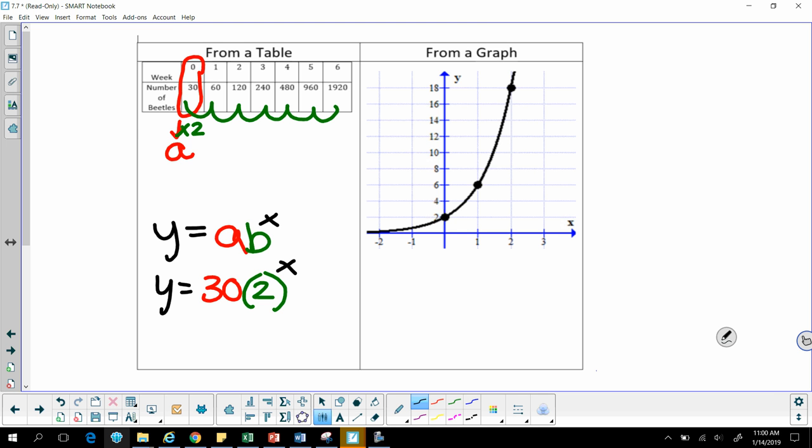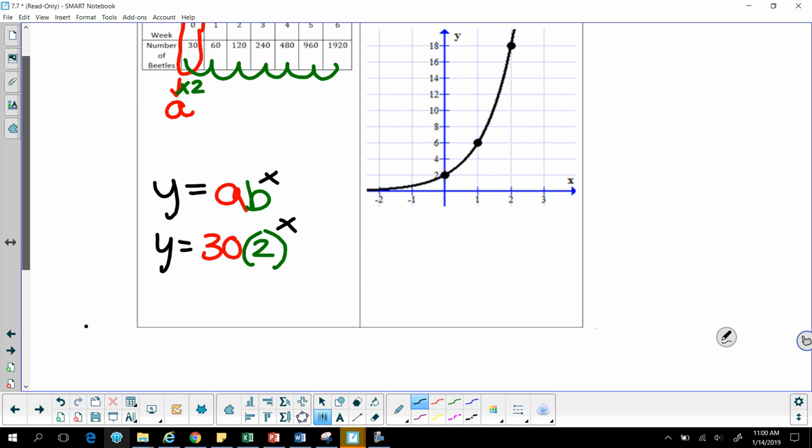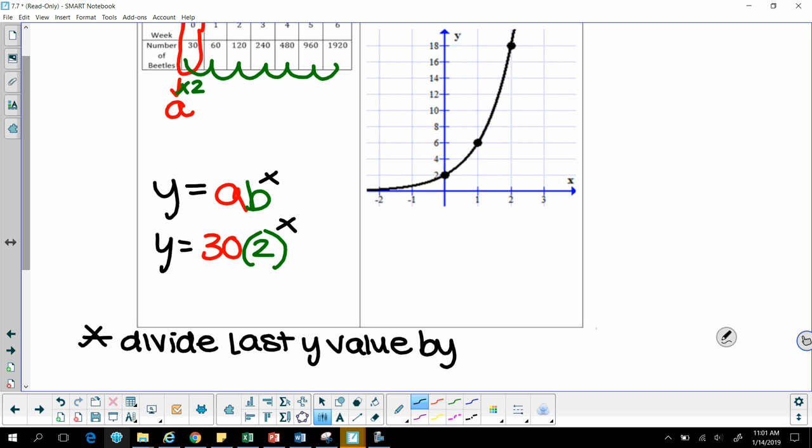And so sometimes you're not going to notice what it is being multiplied by. And so what you could always do right below, you can write it right here, you just divide the last y value by the y value before. In case you don't see what's going on.